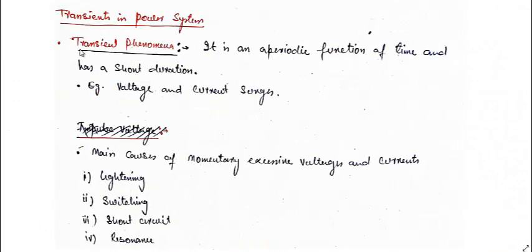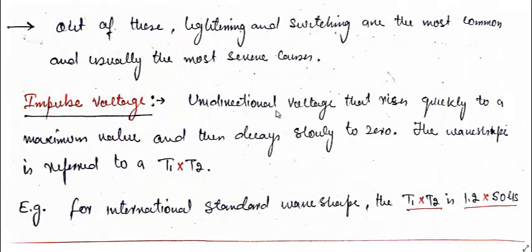So I hope you understood the difference between transient voltage and impulse voltage. I will repeat it now. A transient is an aperiodic voltage or current which has high amplitude but is there for a short duration. Lightning and switching are the main causes, and they are the severe ones among the four. The impulse voltage is a unidirectional voltage which rises quickly and then decays slowly to zero.